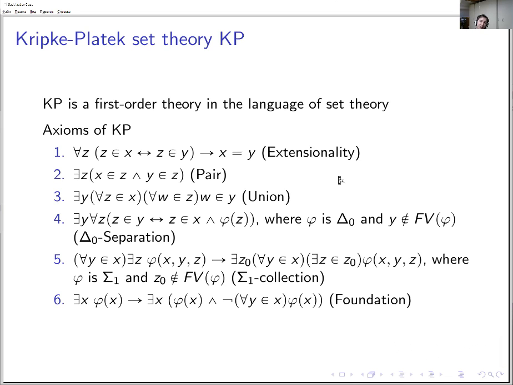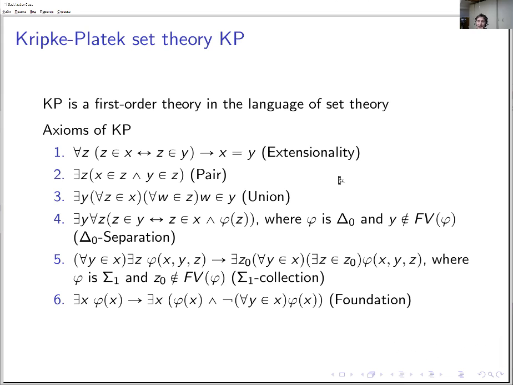If you have some delta zero property, then it's simultaneously sigma 1 and its negation is sigma 1. Everything that is delta zero definable should be generalized computable, and of course we want separation for these computable properties. So we have delta zero separation.